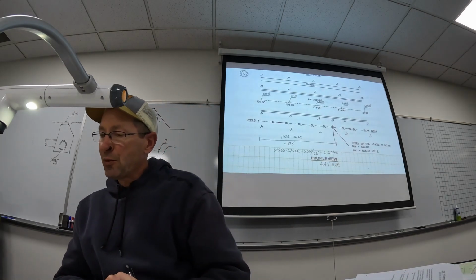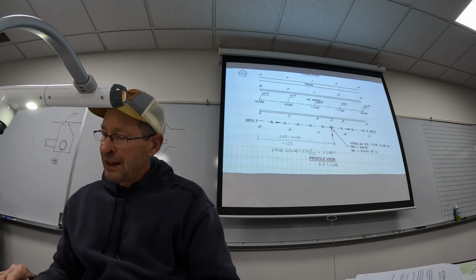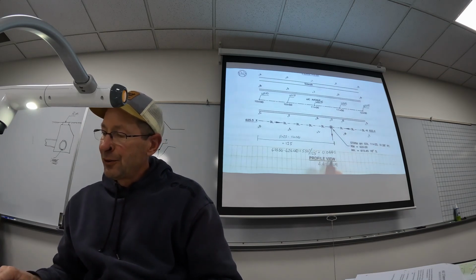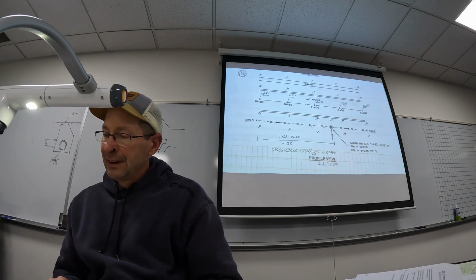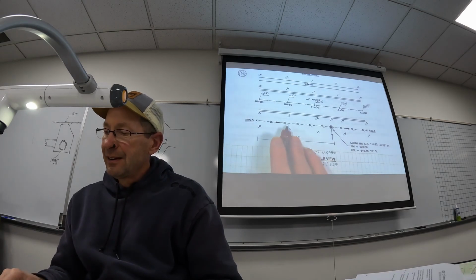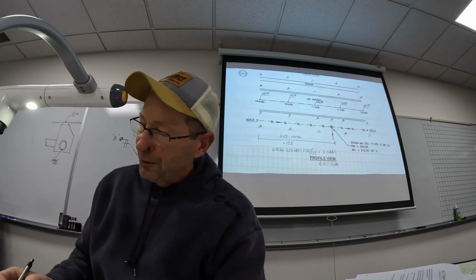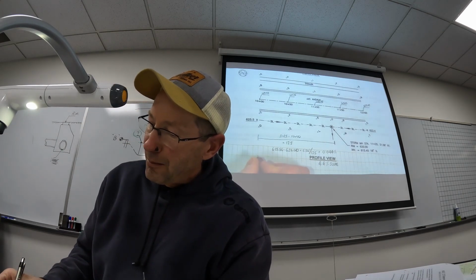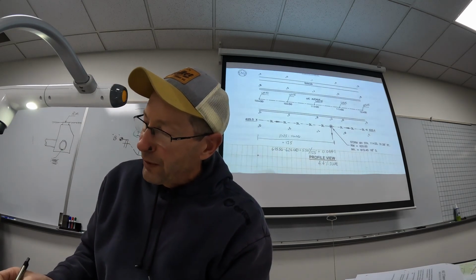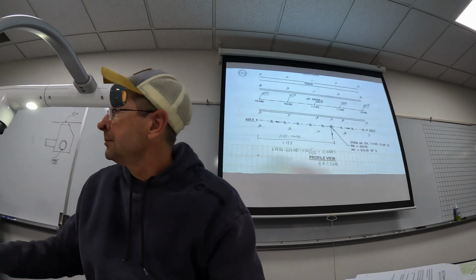Okay. We can work with that, right? Just like we did here on the profile, this thing is falling at 4.4%. So every 50 feet, it's falling at some sort of slope. What if we calculate that real quick? So let's just mock up the profile of the ditch right here.